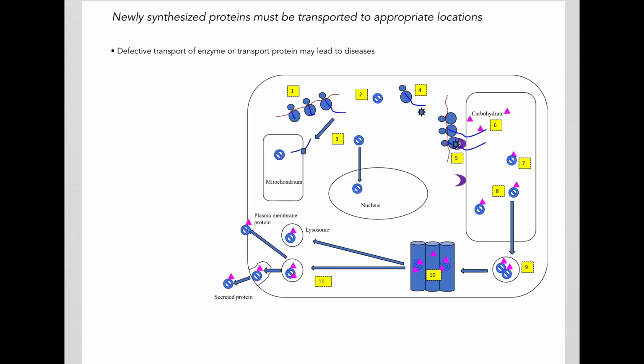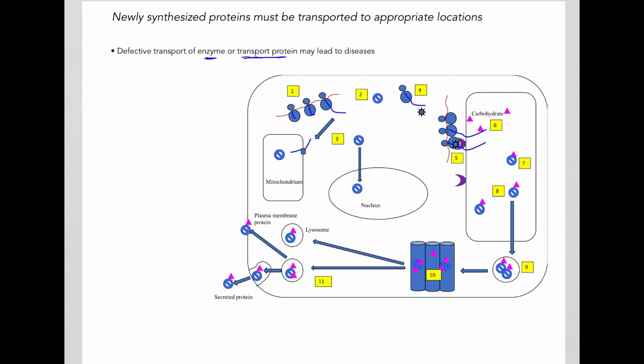So since the metabolic pathways occur in specific organelles, it's very important that the enzymes involved in the metabolic pathway, or any transport protein that is involved in the metabolic pathway, must be transported to the right location in the cell.